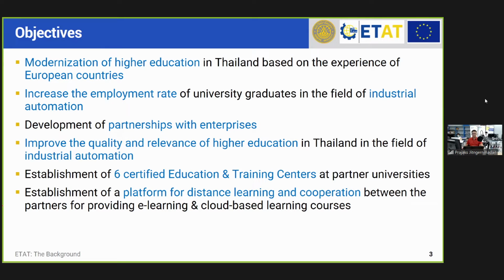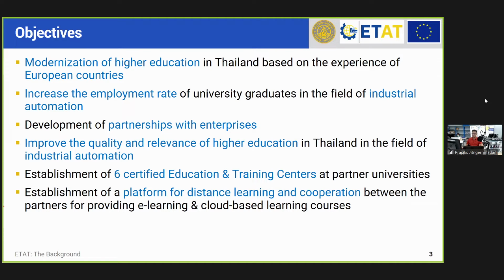We want to share the experience about teaching automation 4.0. We want to increase the employment rate in industrial automation. We want to develop the partnership with enterprises or industry. And we want to improve the quality and the relevance of higher education in Thailand, especially in the field of industrial automation.